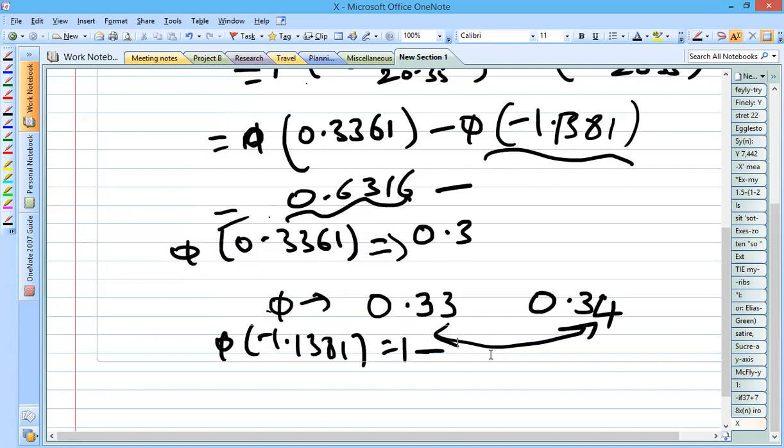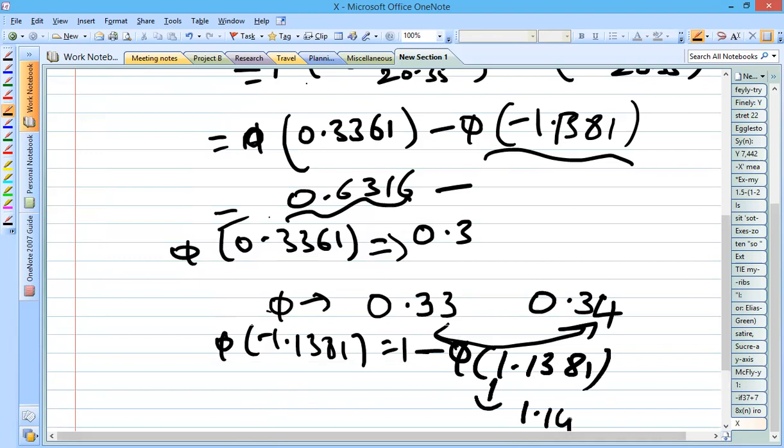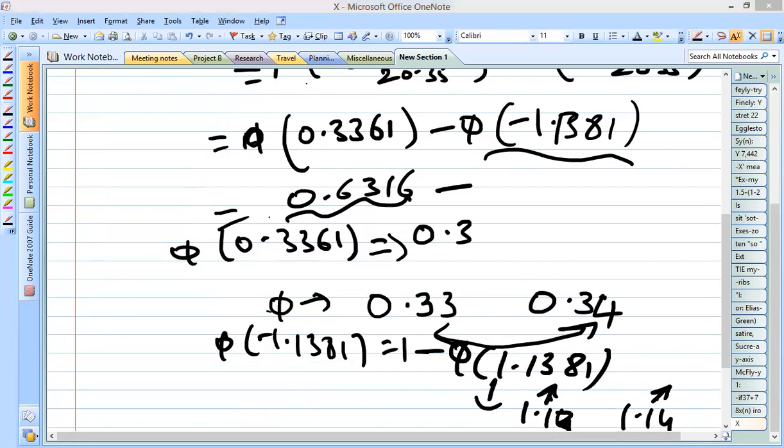So here you need to tabulate the values for phi of 1.138, for 1.13 and 1.14. Tabulate the values, use the interpolation method to get the answer for this, and subtract it from 1. You are supposed to get the answer as 0.1275.